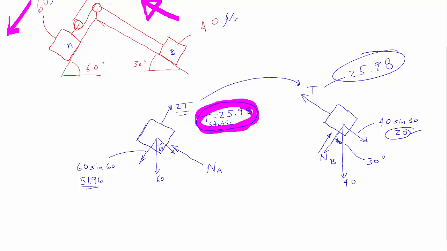Now let's say one of these blocks moved 5 feet. What would the velocities be at that point?